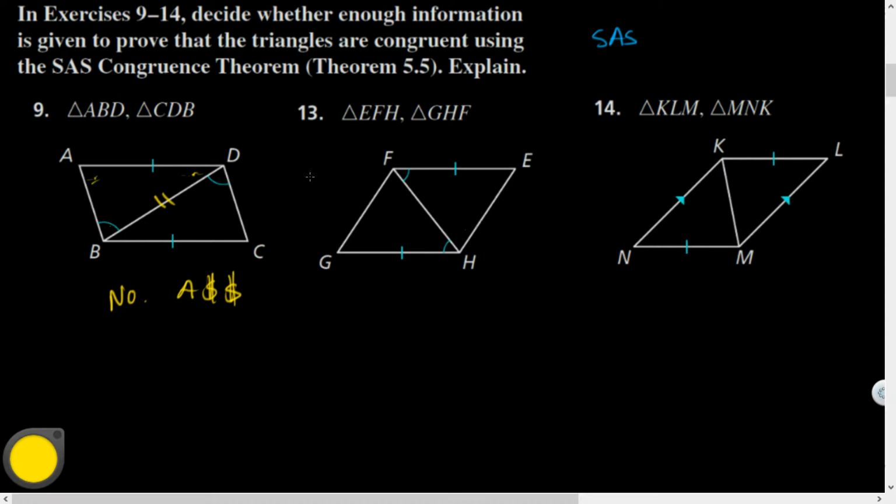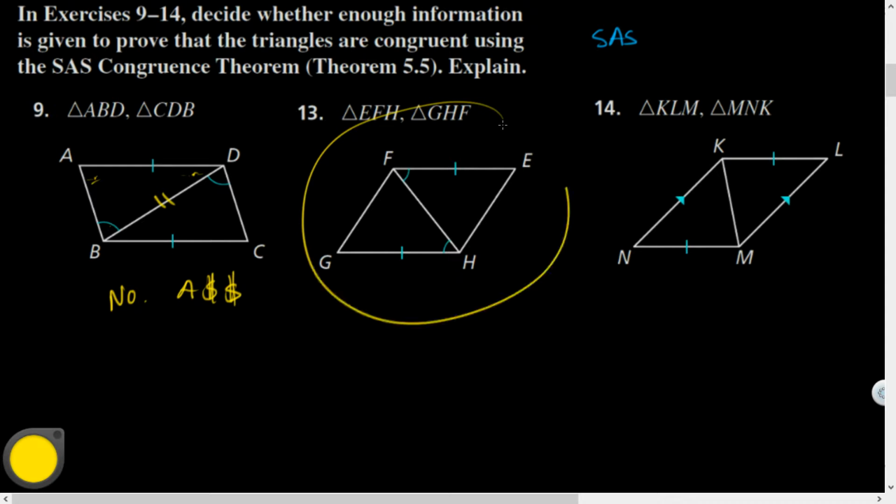We will examine that later on, and it turns out that there are 2 possible arrangements that these triangles could land in when you have an angle side side situation. So you could argue maybe it's a 50-50 chance that these were congruent. I don't have sufficient information to conclude 100% at this point. So this one's a no for that reason, primarily because it didn't have the included angle.